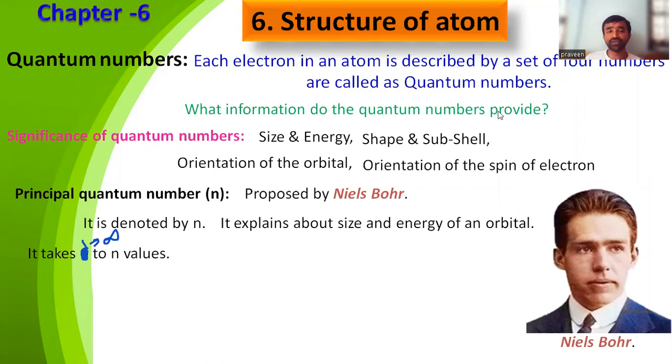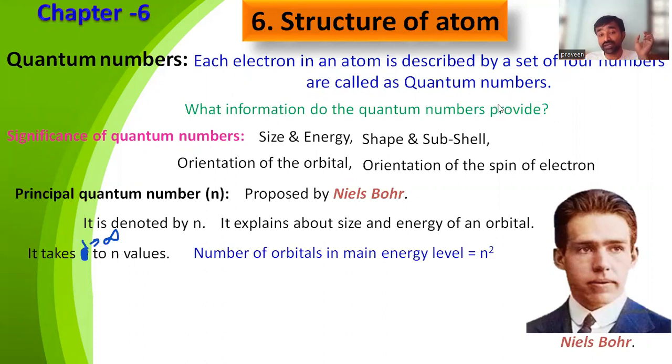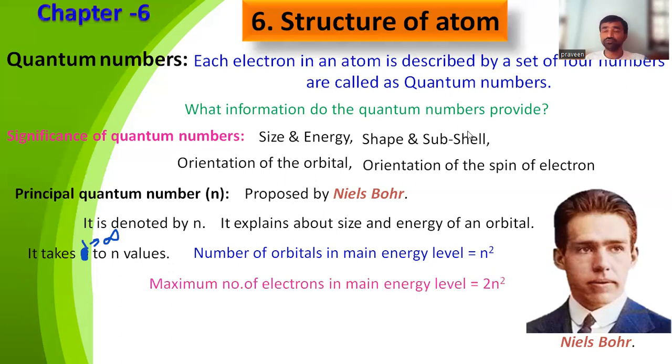Depending on the n value, you can count the number of orbitals in the main energy level using n squared. Suppose n equal to 1. Then, for any n value like 1, 2, 3, 4, you can find the maximum number of electrons that fit into the main energy level using the formula 2n squared.